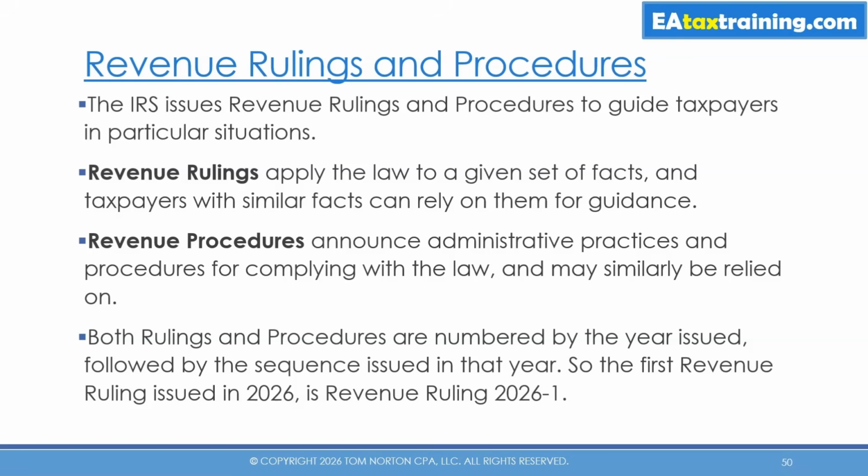So you can rely on that. Both revenue rulings and procedures are numbered by the year issued, followed by the sequence issued in that year. So, for example, the first revenue ruling of 2026 will be Revenue Ruling 2026-1. The first revenue procedure will be Revenue Procedure, or we say Rev Proc 2026-1, and so on and so forth.